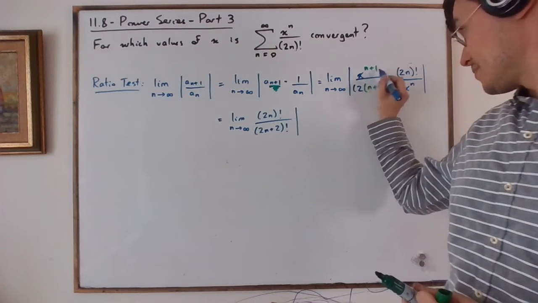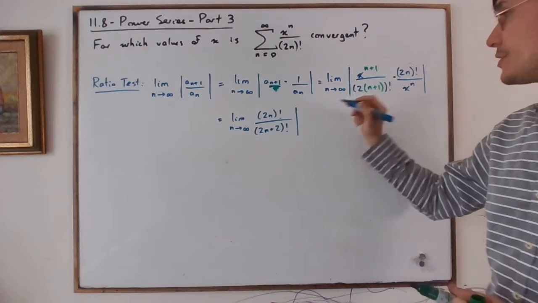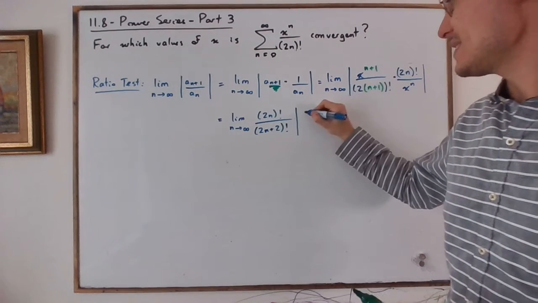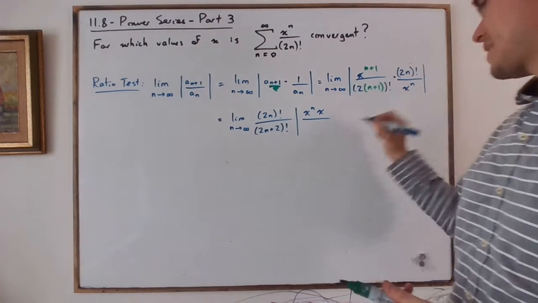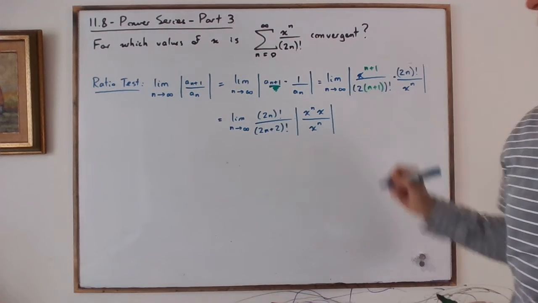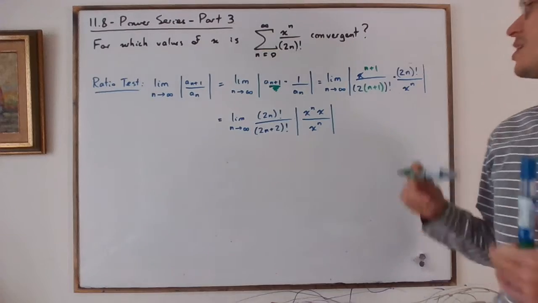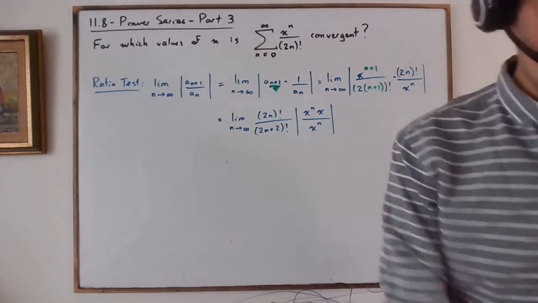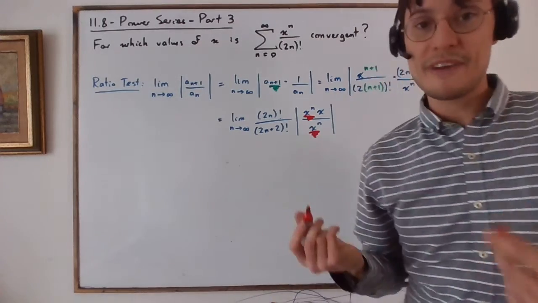Now this, you want to cancel with this, which means you're going to use the rules of exponents to express this as x to the power of n times x. The denominator is just x to the power of n. Next step: this and this cancel. We're very happy.